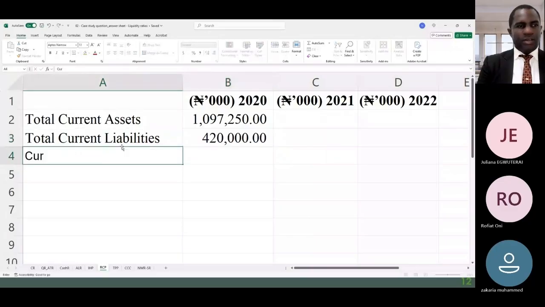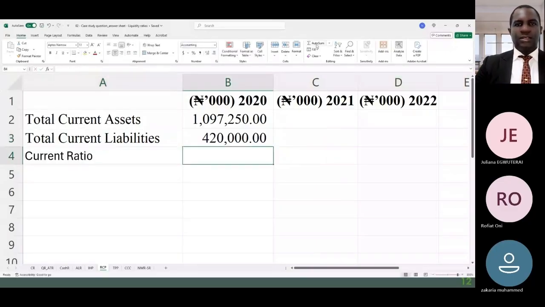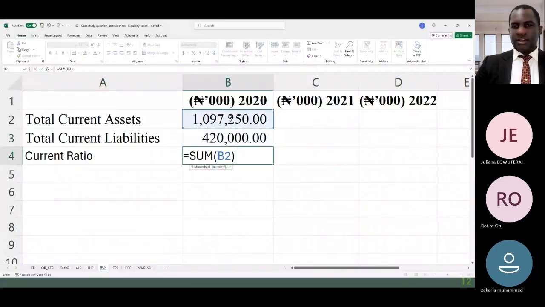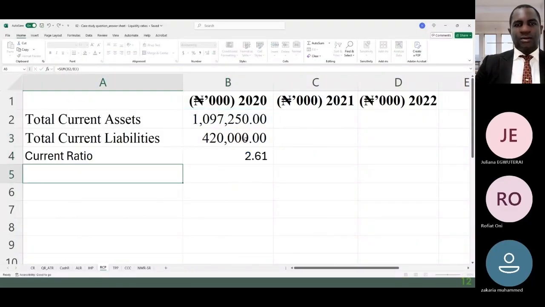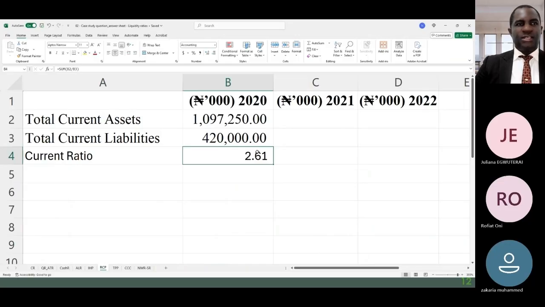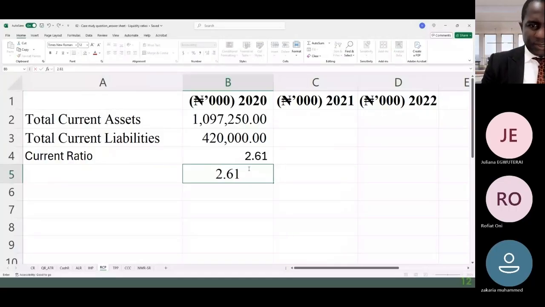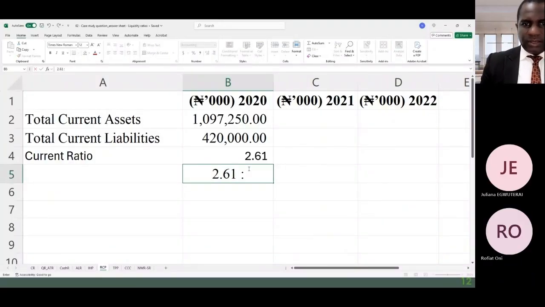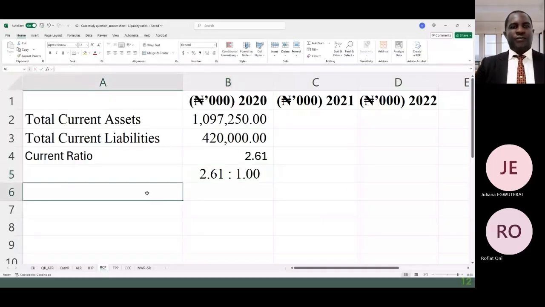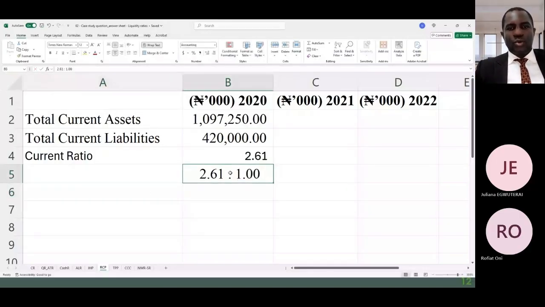Okay, so now our current ratio, very simply, is our current assets divided by our current liabilities. We have it as exactly 2.61 times to 1 of the current liability. So what does it mean?